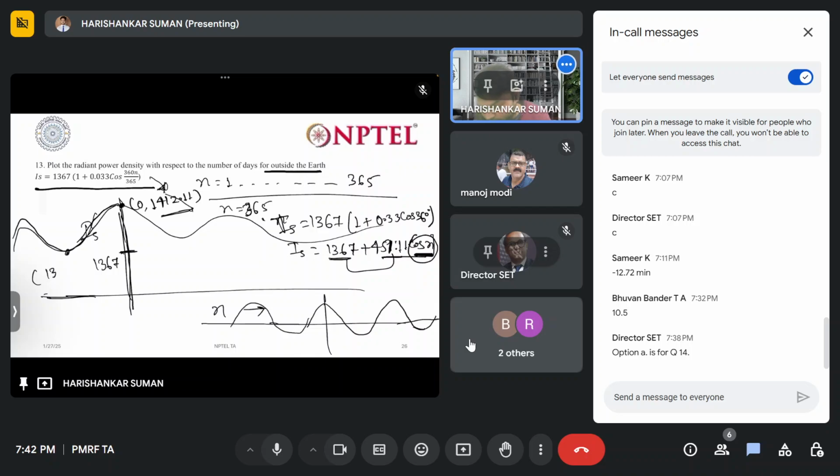This is around the y position. The function is like cos x, but shifted by this much value on the y-axis.